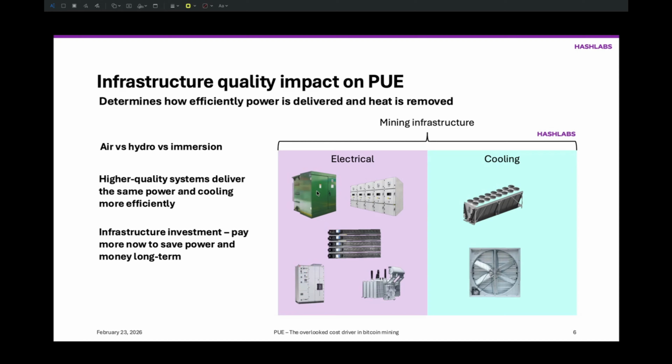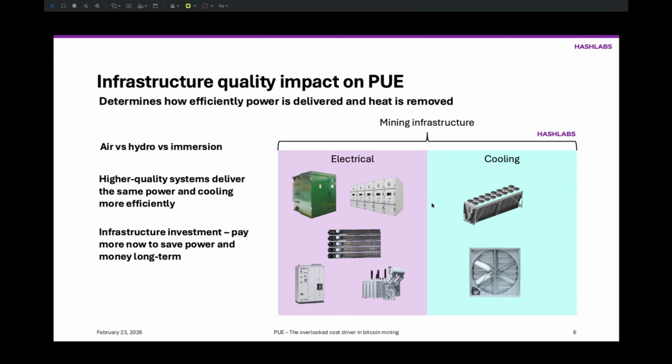Some transformers lose more of the power in the form of heat, for example, than others. Then you have cooling. Some pumps consume more electricity. Some fans consume more electricity. There are always some differences here.